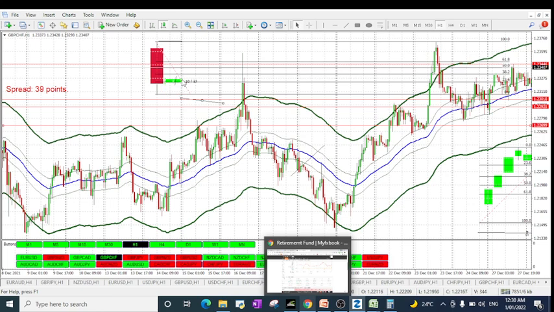So most of the time when a candle opens, I will say 70 to 80% of the time, the candle will at least retrace something like 5 pips.